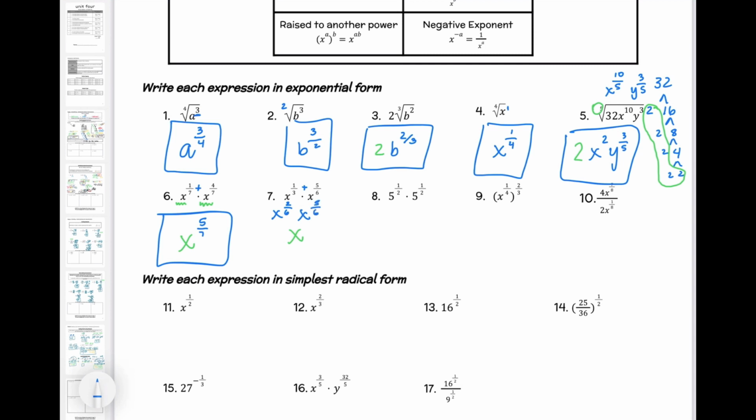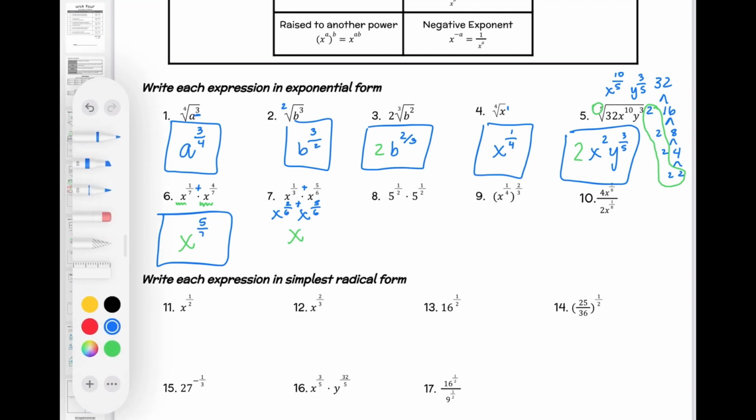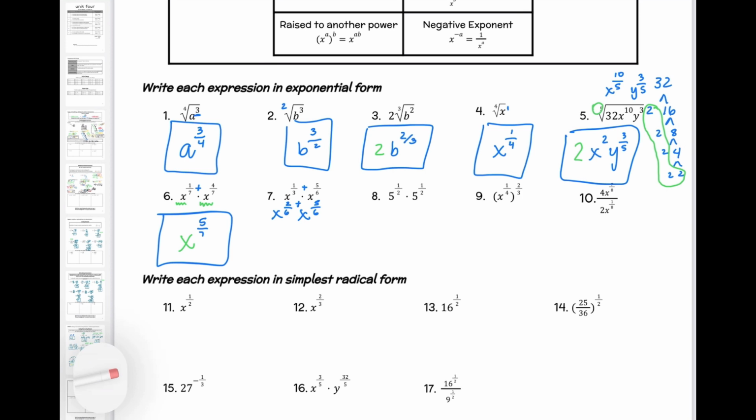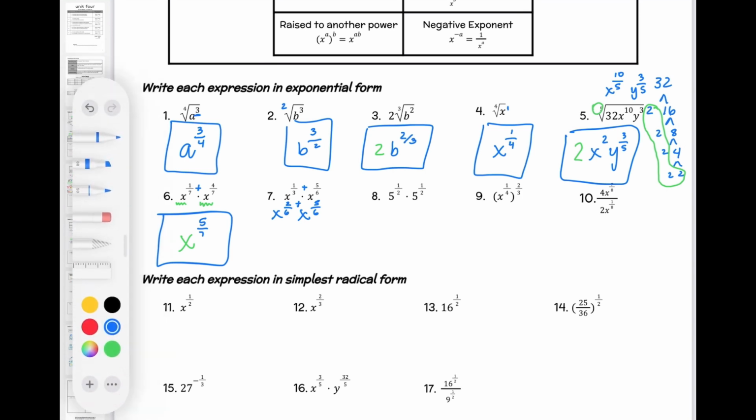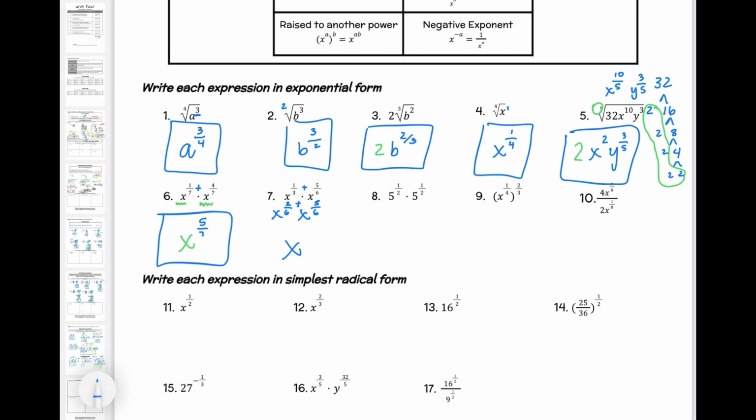All we did was multiply that first fraction by 2 on the top and the bottom so that it had a denominator of 6. Then we're going to add them together, and we have x. I'm going to move this down so we have more space. So we're going to end up with x to the 7 over 6.